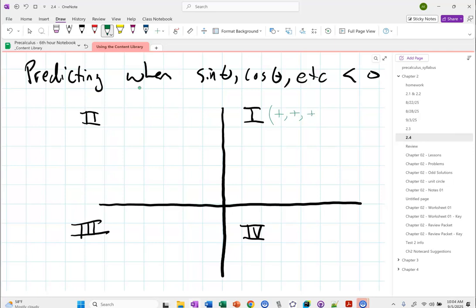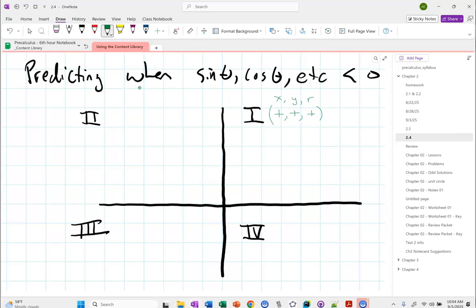And then the r is always a distance, so that's always positive. So in quadrant 1, all of our trig functions are going to be positive because they're all x over y or y over x or x over x or r over y or whatever. It's always going to be positive over positive. Everybody's okay?